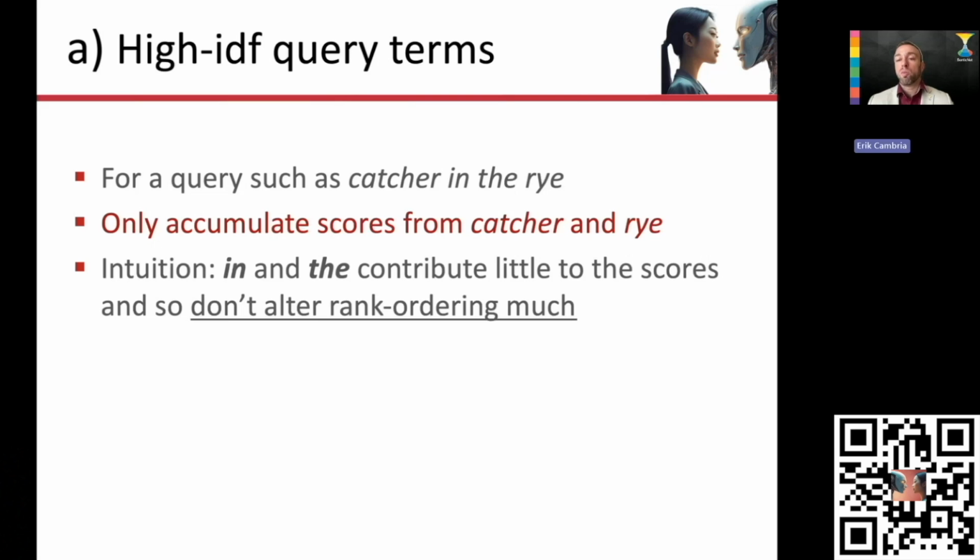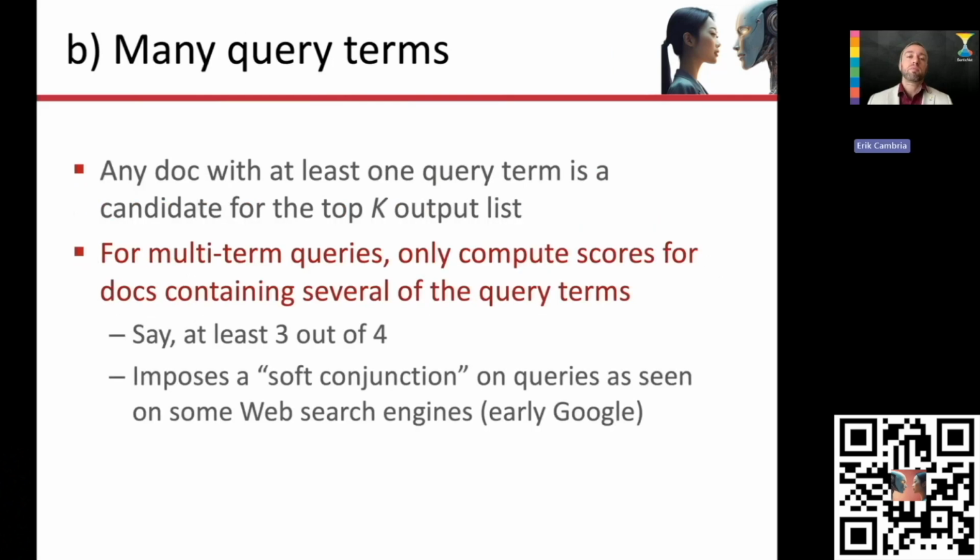So this is a way for me to focus on the documents that contain the rarer terms. And finally, this is also kind of a heuristic. I only consider the documents that contain at least 3 out of 4, assuming that my query is made of 4 terms.